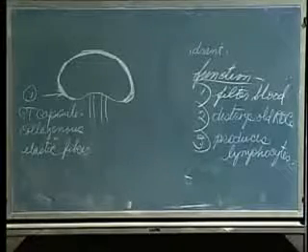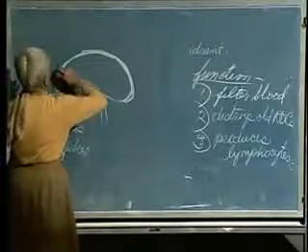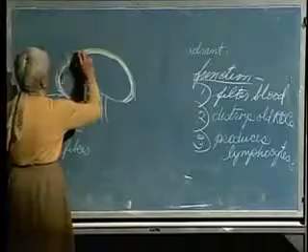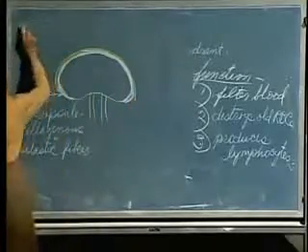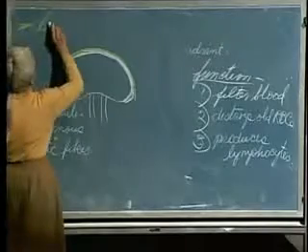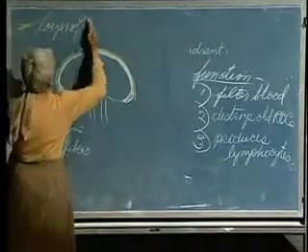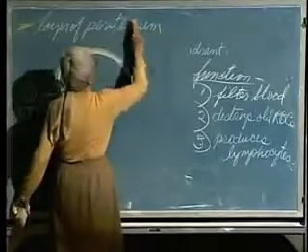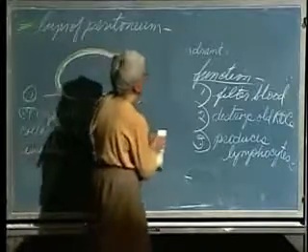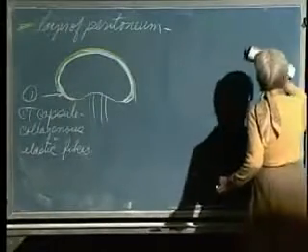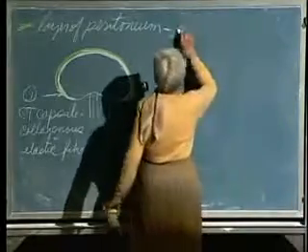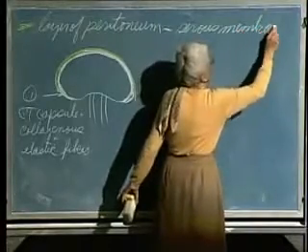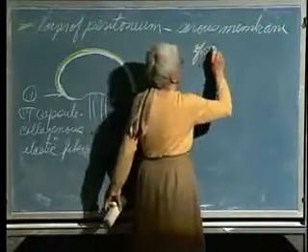It's covered by a layer of peritoneum, which we'll talk about when we get to the abdominal cavity. Layer of peritoneum, which is a serous membrane of mesothelial cells.